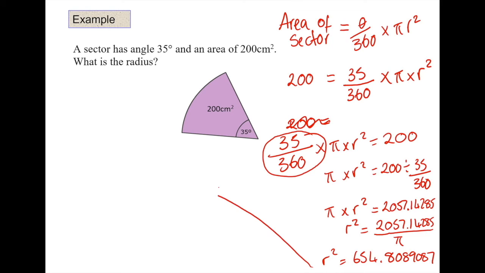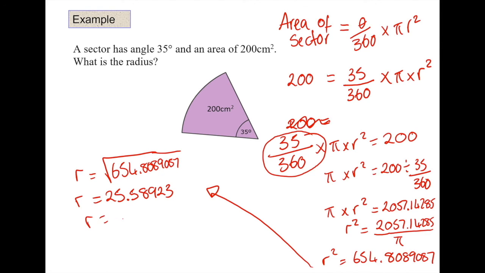Okay, if I go up here as I'm running out of space, to get r we need to square root that, giving us an answer of 25.58923. So to 2 decimal places, that will be 25.59 centimeters.